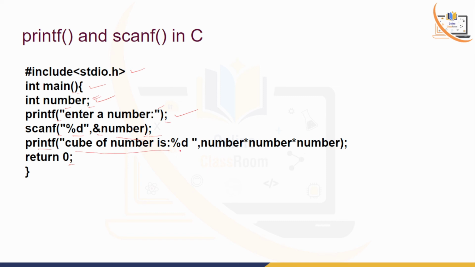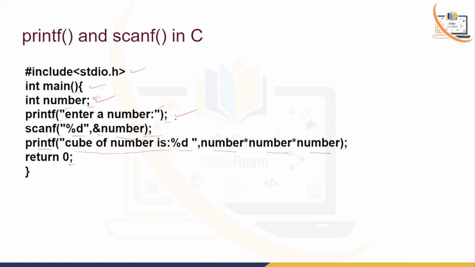And the %d means if I multiply an integer number 3 times, obviously it remains an integer. So that's why it is %d and comma, after that number into number into number. So it means I just multiply this number 3 times. Suppose now enter a number.